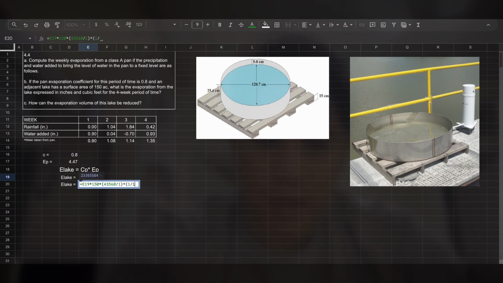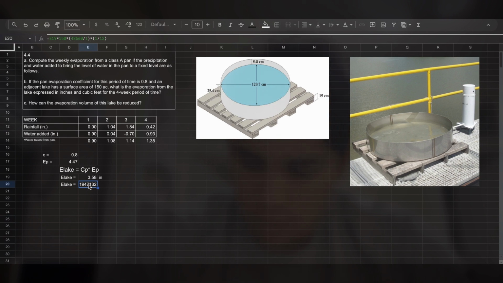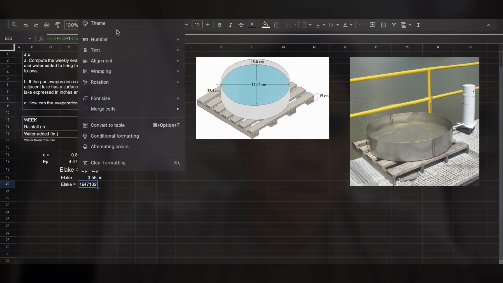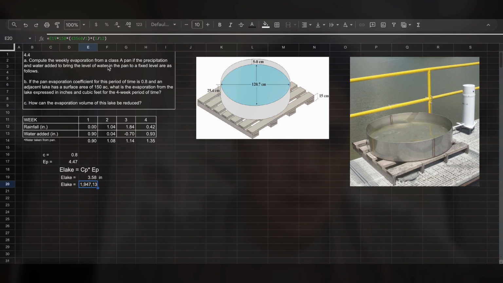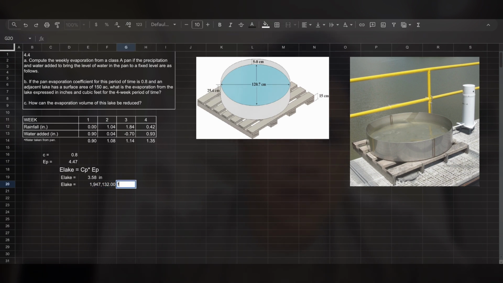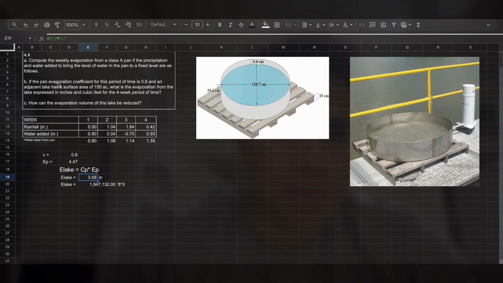In 1 foot there are 12 inches, and I believe that should give us the value in cubic feet. Yep, that checks out with my answer. So that's the answer in cubic feet. So that's part B.